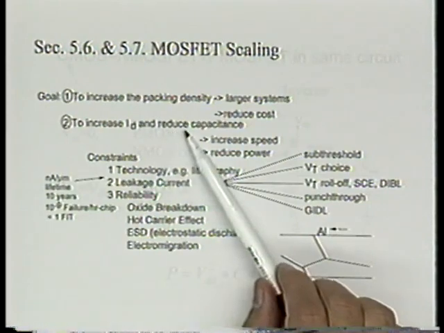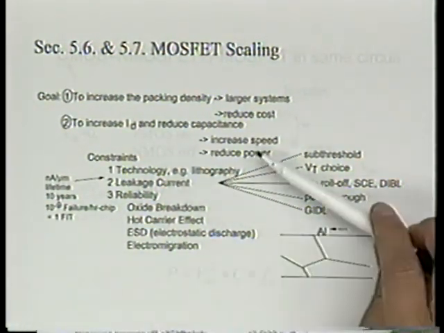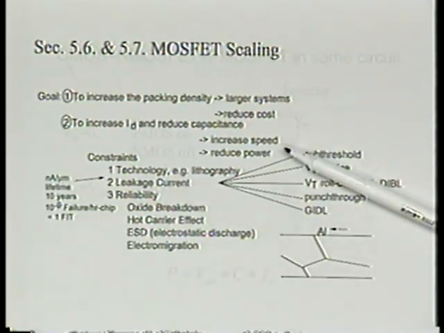And I think you can also see that making transistors smaller is potentially a very good way to reduce the capacitance of the transistor and therefore of the circuit. And why do we want to do those two things? Because this will increase the speed of the circuit. Is that right? If you have a small capacitance and a large current, then you can charge and discharge the capacitance fast. Right? Okay.